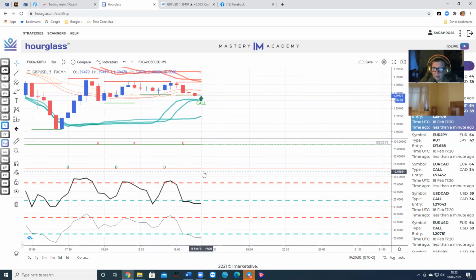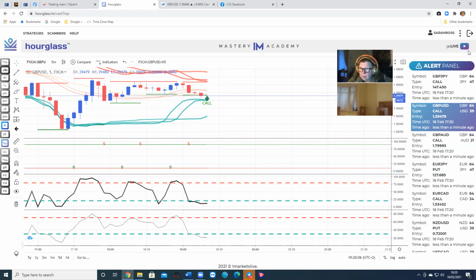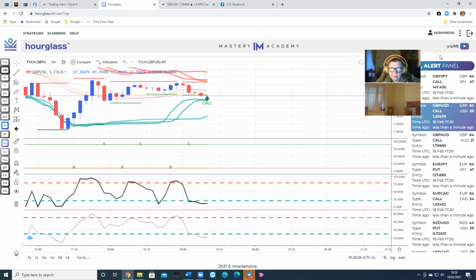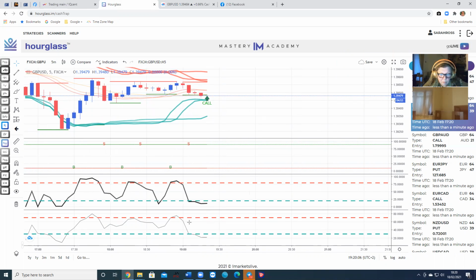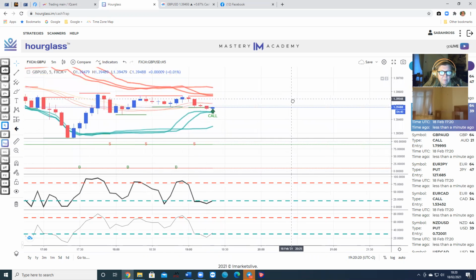Okay, another call down at 479. So we've got currency strength 1, got the line 2, 3, haven't got that. We have got, we are against that moving average.